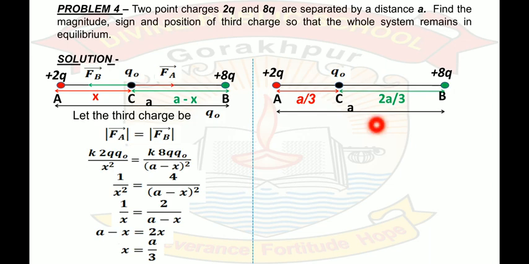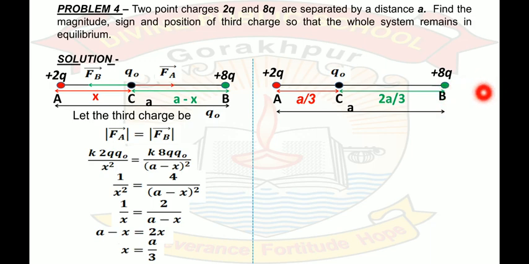Now just try to understand. First of all, let us discuss the sign. Let us discuss the equilibrium of 8q. Now suppose this plus 2q is given. Because of plus 2q, 8q will be repelled and the direction of force will be in this direction, means away from the plus 2q.